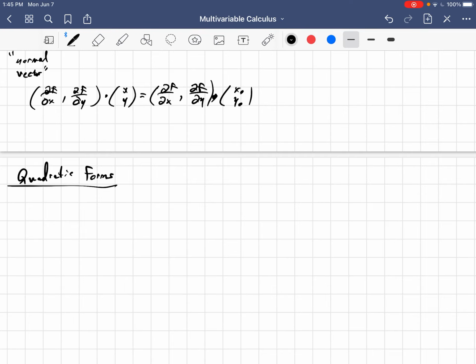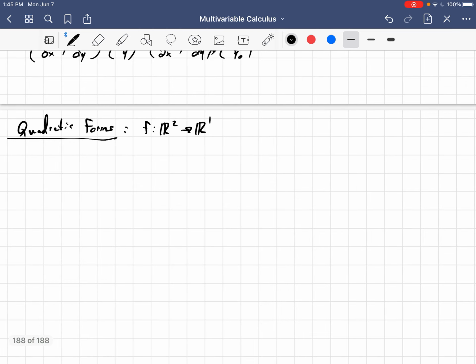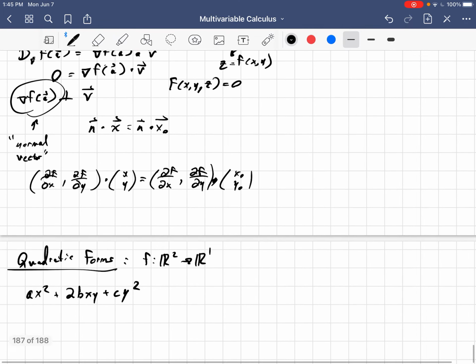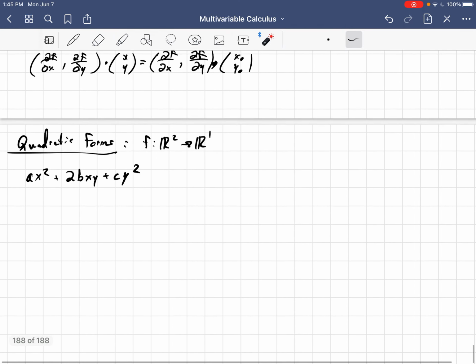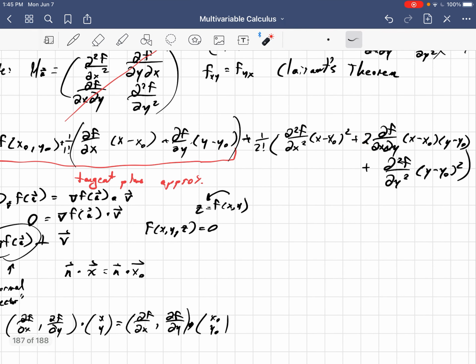So a quadratic form, analogous to our case of dealing with functions that have 2 input variables and 1 output variable, is just any equation of the form ax squared plus 2bxy plus cy squared. And notice here that there's this 2 here that matches with this 2 here.